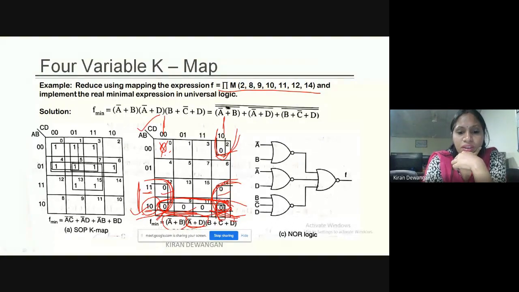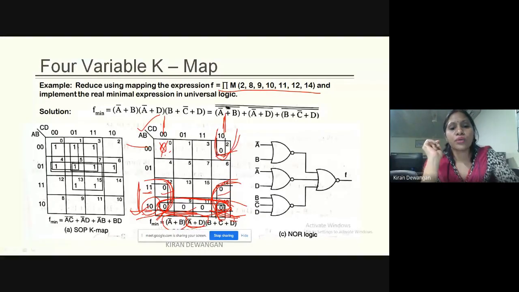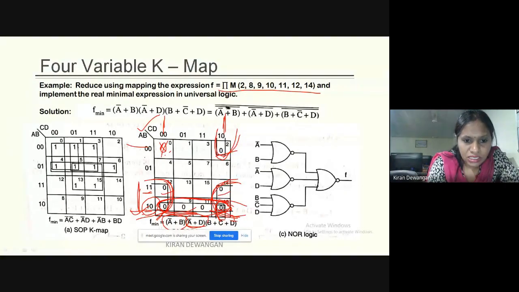Now taking this pair. ये pair में क्या होगा? What is common in these 2 rows and this column? What is common? Just B, because B is 0 here, B is 0 here, plus this is common.